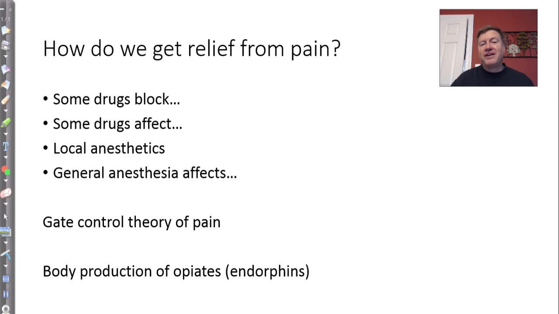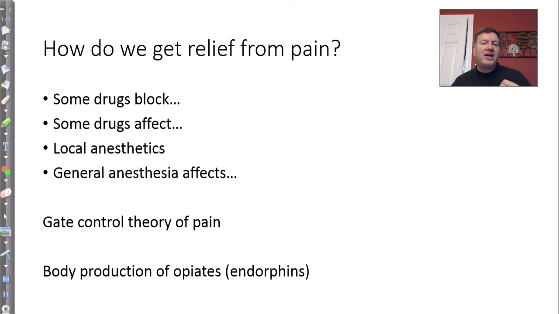Some drugs actually affect the perception of pain in the brain, and so if you don't perceive pain, even though you're getting pain signals sent from a sensory region, if you don't perceive it, then you don't actually experience any negative effects.